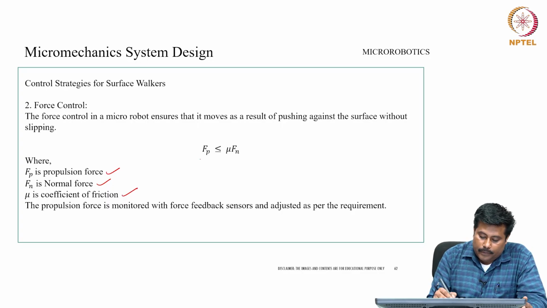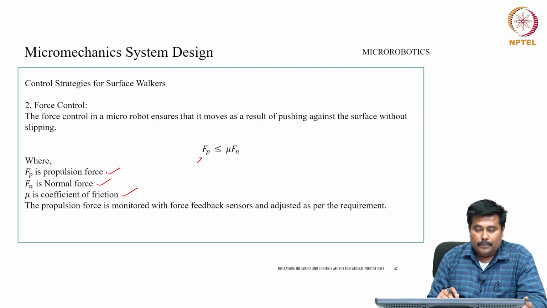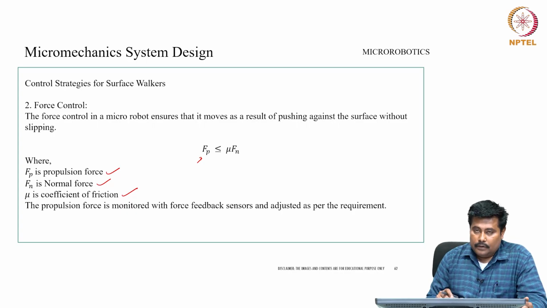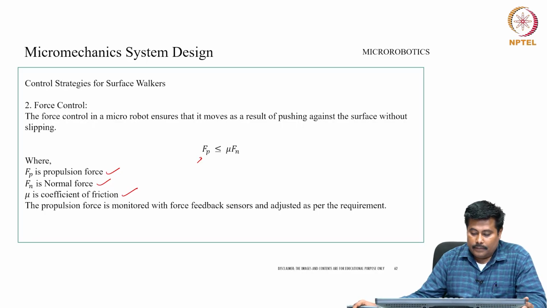In the case of propulsion force, Fp is less than or equal to mu Fn, where mu is the coefficient of friction, Fn is the normal force, and Fp is the propulsion force. The propulsion force is monitored with a force feedback sensor and adjusted as per the requirement.